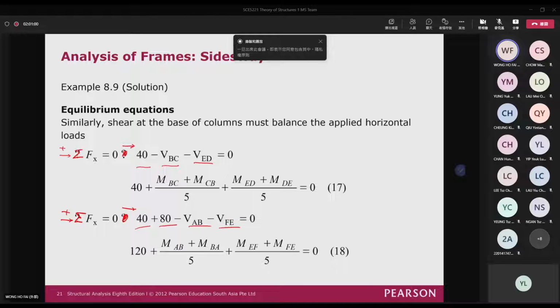Then remember, actually, the force in the member plus the member end moment divided by the length is actually equal to the shear. So again, we have 2 additional equations which relate the moment in the equations. And then we can substitute the expression from the previous equations, I mean from the moment equations.